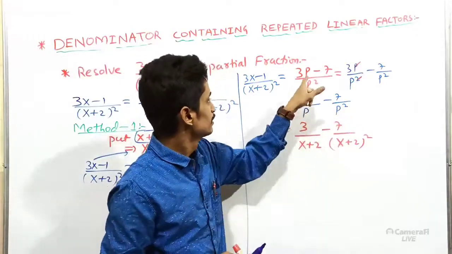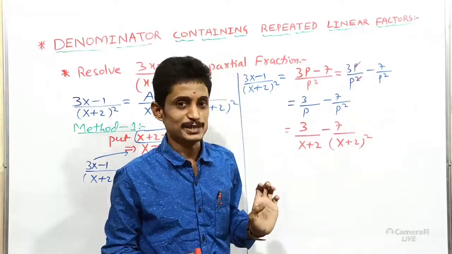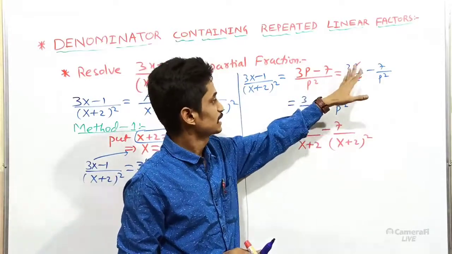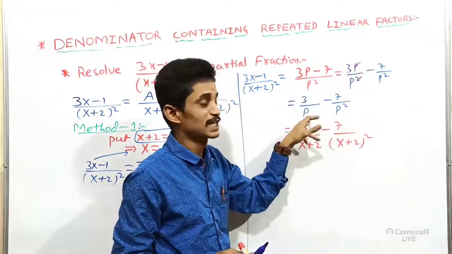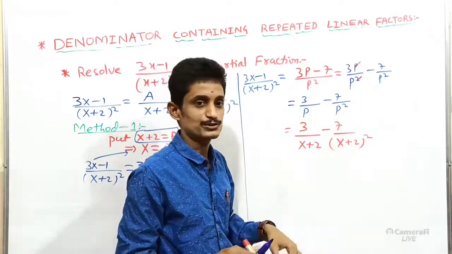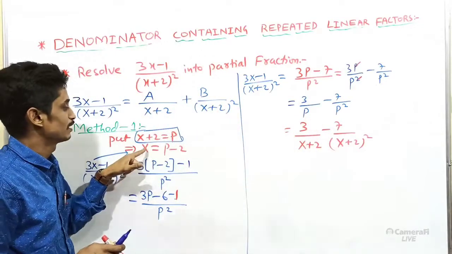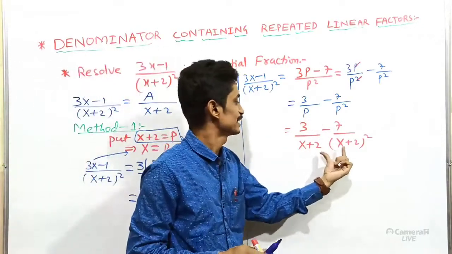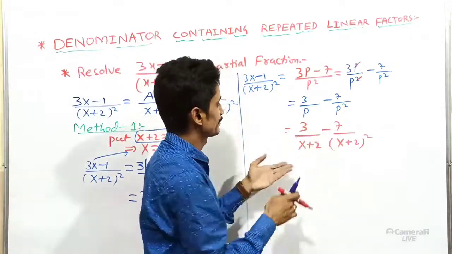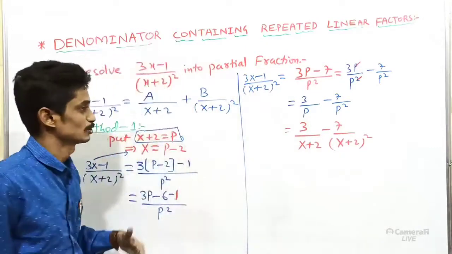Now separating, 3p divided by p square minus 7 divided by p square. Then p and p square cancel, just 1 p remains, and here as it is, minus 7 by p square. What is actually your p value? The p value is x plus 2. Replace it with x plus 2. Cross verify: if you add, once again you will get the same answer. Note it.